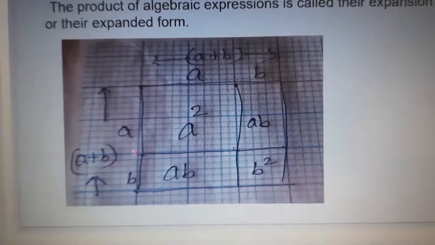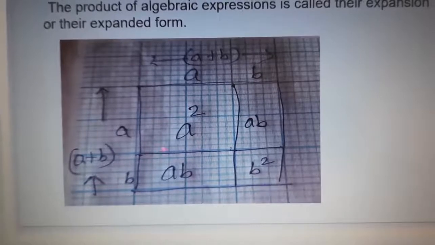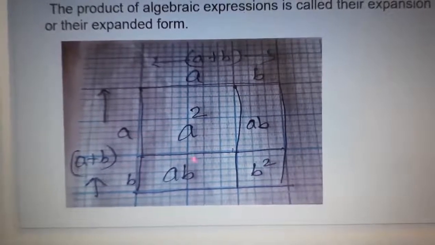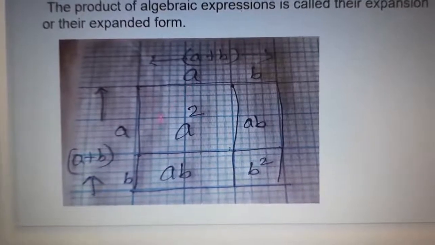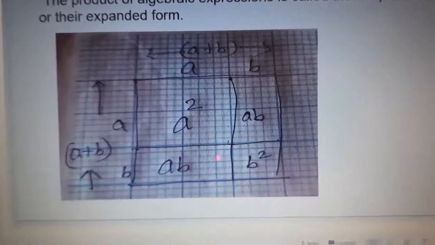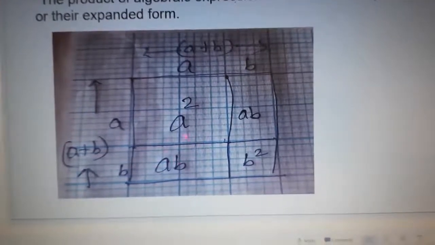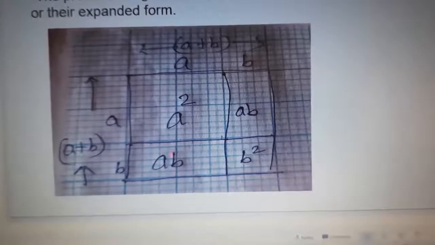So this side, you can see, is a, so it's a square, so all sides will be the same. This side also will be a, this side also will be a. So naturally this side will be ab. So the area we have to find is a into b, because one side is b and one side is a. So it will be ab.